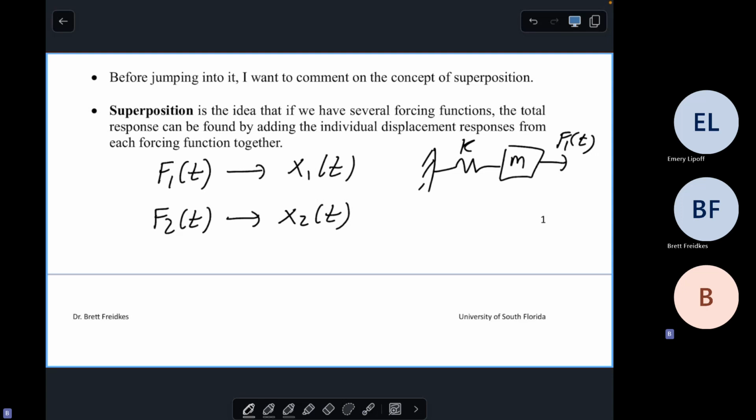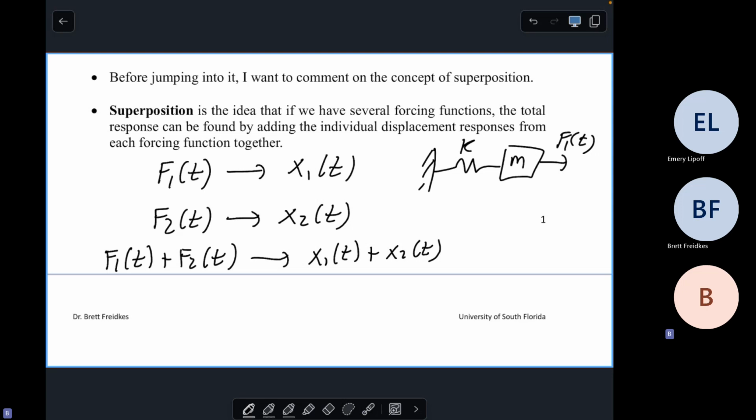If those two forces were to act at the same exact time, what would our total response be? So if both of these things are acting at the same time, what is our total response? Yeah, x1 plus x2. When is that allowed? If the system is linear.